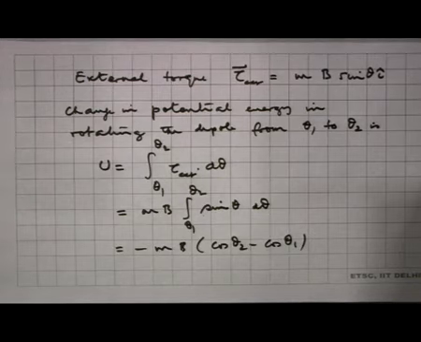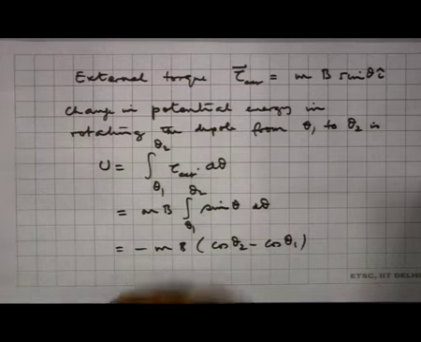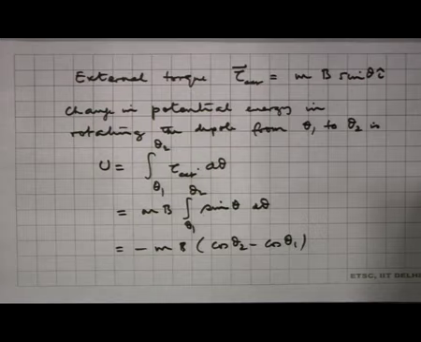That is the work which I need to do in rotating the dipole from an angle theta 1 to another angle theta 2. So, now remember in the electrostatic case we had defined the 0 potential energy at some orientation. Here also we will define the 0 potential energy to be at theta is equal to pi by 2.